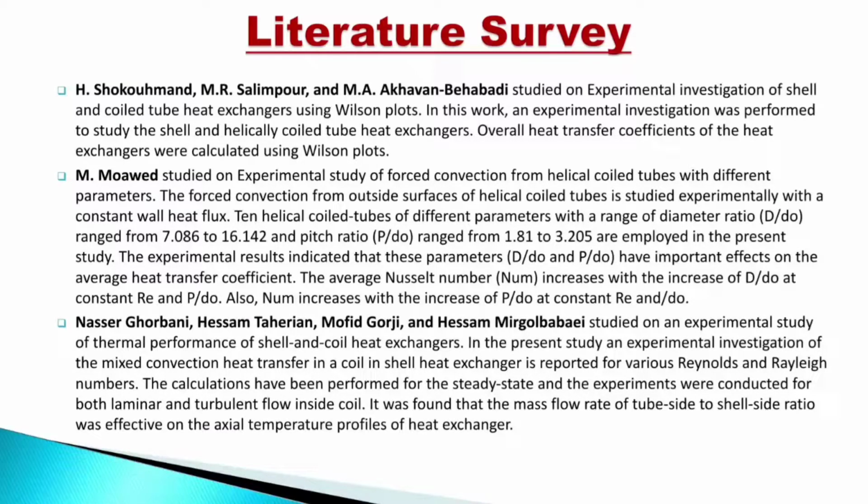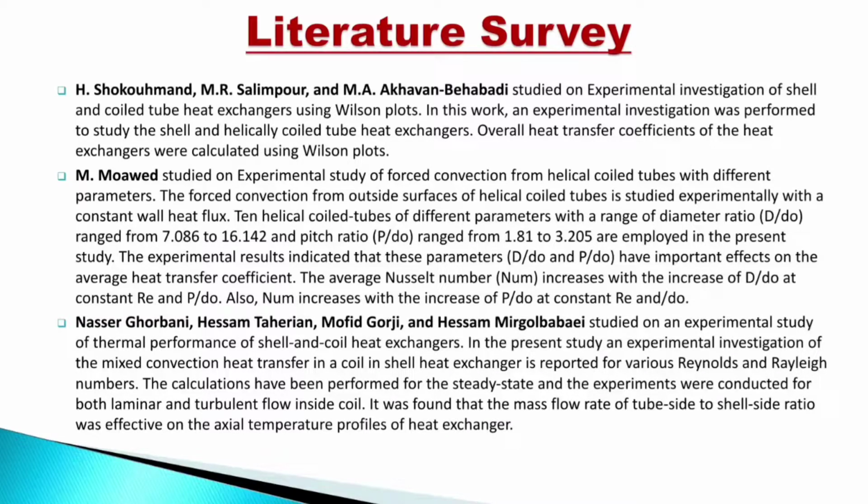The average Nusselt number increases with increase in diameter ratio at constant Reynolds number and P by D, meaning pitch ratio. It also increases with the increase of P by D ratio at a constant Reynolds number and diameter ratio. Then Nazar Gorbani and Hassan Terrain studied the experimental thermal performance of a shell and coil heat exchanger.